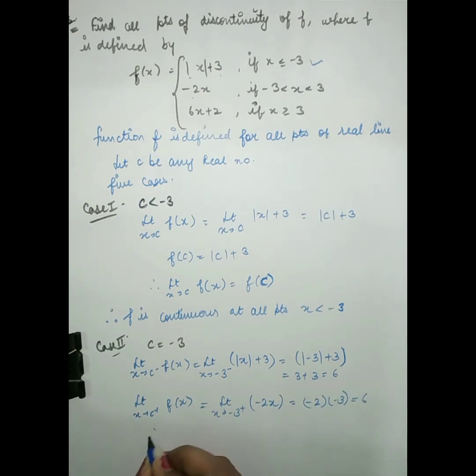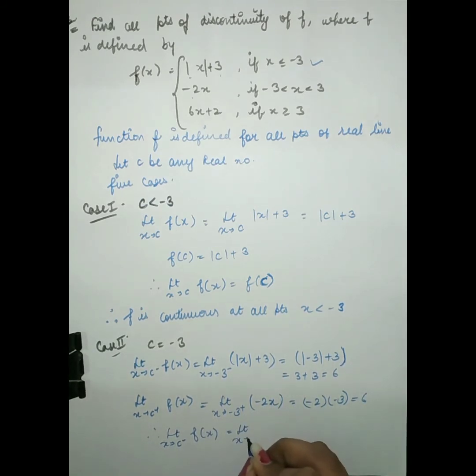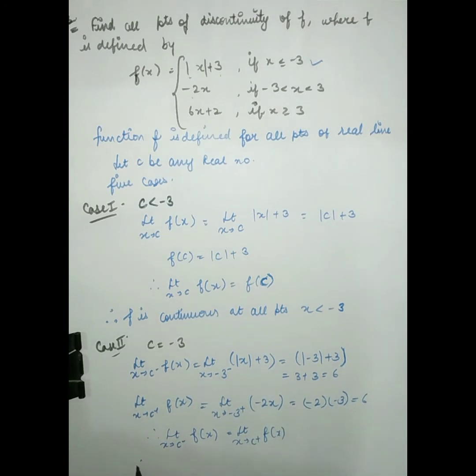So therefore the limit as x approaches c negative of f(x) will be equal to the limit as x approaches c positive of f(x). So therefore the function f is continuous at x equal to minus 3.